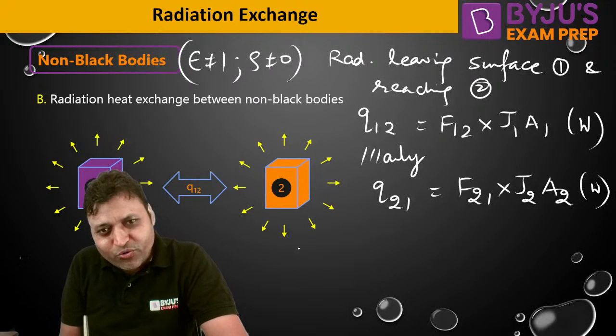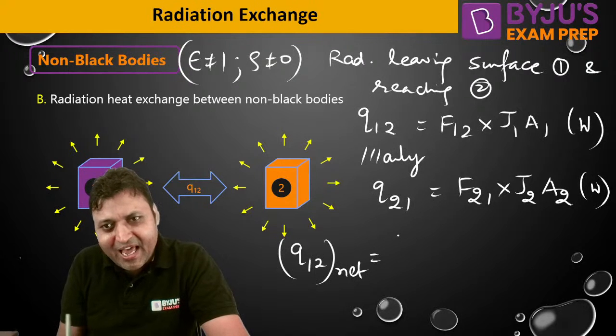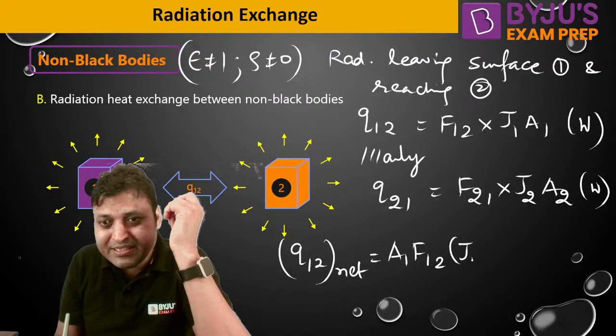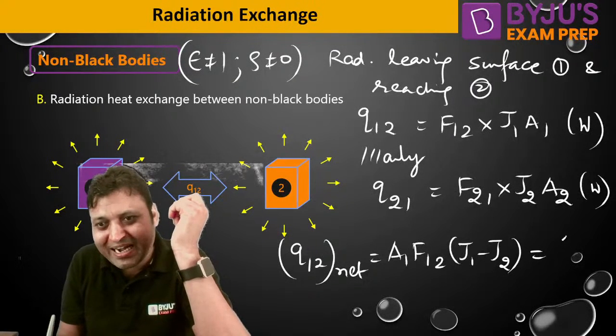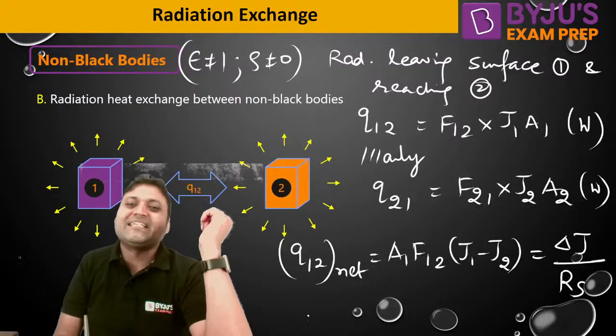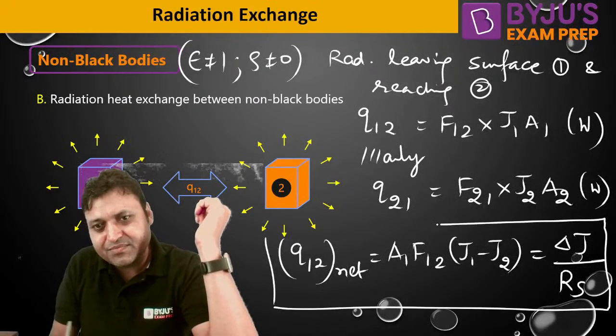So Q1 to 2 net can be written as A1 F1 to 2 into J1 minus J2, or we can write it as delta J upon space resistance between 1 and 2. That is what we can write.